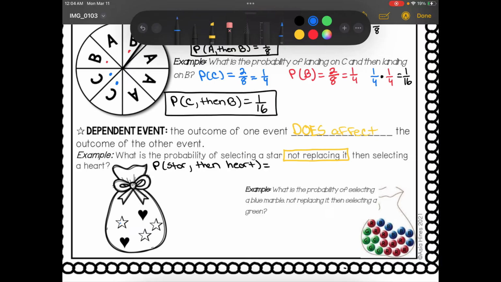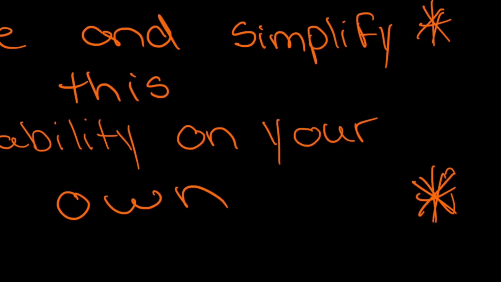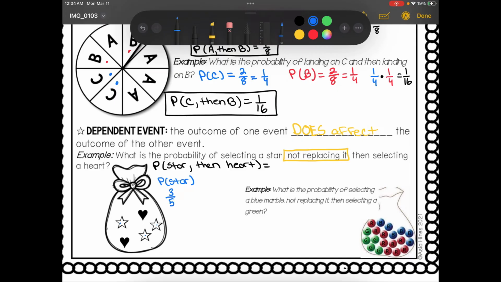First, we need to find out the probability of getting a star. So let's count the items in the bag and then how many of them are stars. So there are 1, 2, 3, 4, 5 items in the bag, and there's only 3 stars. So 3 out of 5 items, and 3/5 is already simplified, so we don't need to simplify that anymore. Now we're going to find the probability of getting a heart.